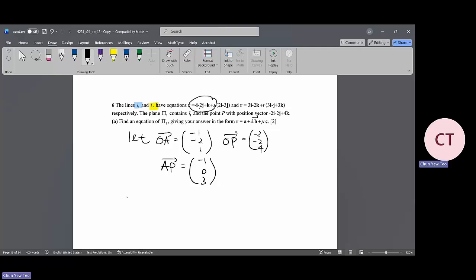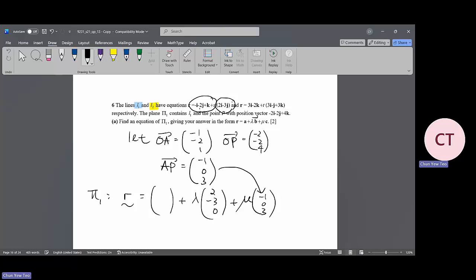Okay, so the vector equation of pi will be r equals a position vector plus lambda plus mu. This vector I will put here, negative 1, 0, 3. And for this one, I will use the directional vector for line L1, which is 2, negative 3, 0.